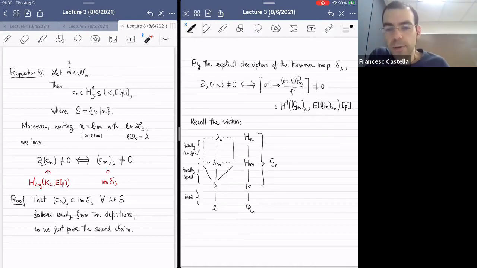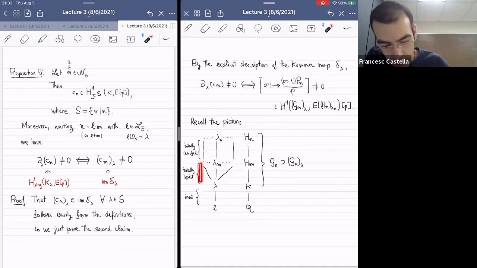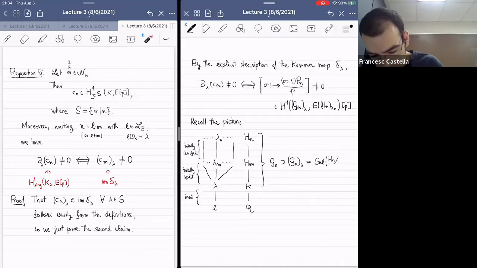Now sitting inside here we have the decomposition group Gn lambda, and now because of the behavior of this prime, okay, so this prime over here is totally split, so the decomposition group is the same as the one over here, and now over here is totally ramified, so this decomposition group is going to be the same as this Galois group. Okay, so this is the same as the Galois group of Hn over Hn.